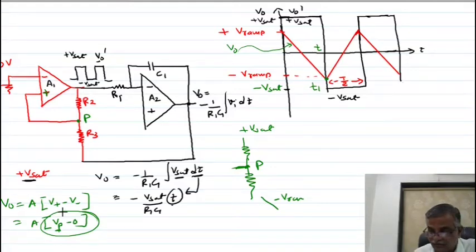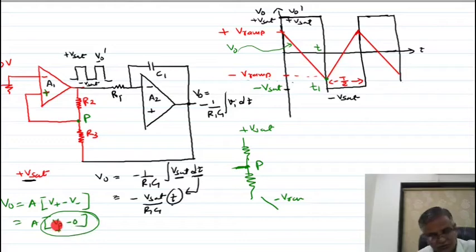Listen again. At the time T1, when the negative ramp voltage attains minus V ramp, the potential at this point becomes slightly less than 0.